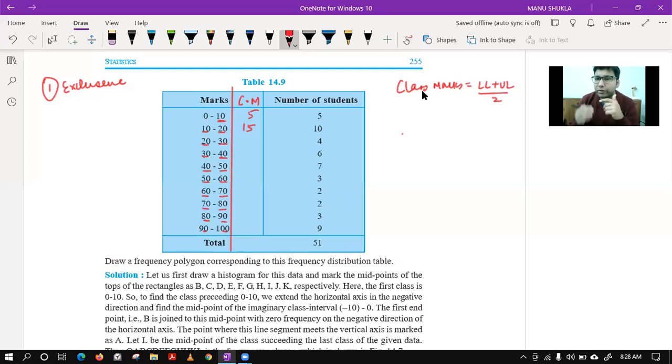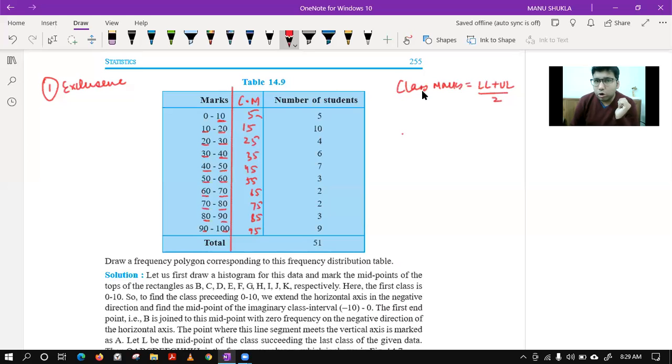If you observe, the difference between all the class intervals was 10 only, the width was 10. So the same difference is coming in the class marks also. So let's add it directly: 25, 35, then 45, 55, 65, 75, 85 and 95.